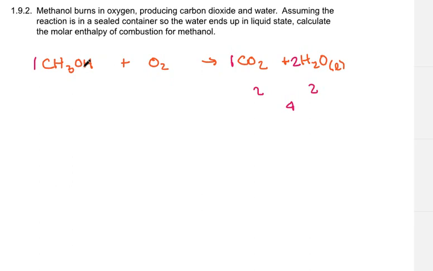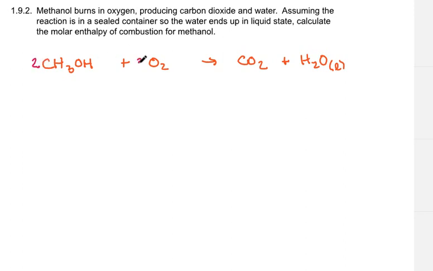On the left, we have 1 oxygen there, so to make our total, we'd need 3 oxygens here. You could put a 3 over 2 here, if you don't mind fractions. You could put a 1.5 here, or if fractions bug you, you could multiply the entire reaction by 2, and you'd end up getting 2, 3, 2, 4. Let's do that, just so we don't have fractions inside of our brackets.